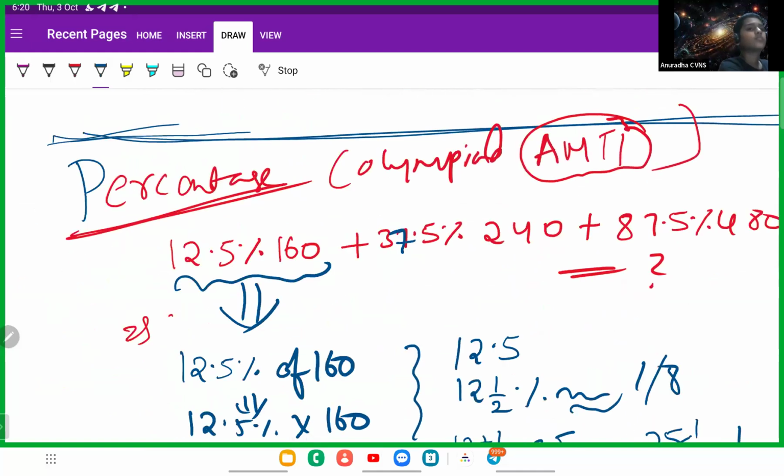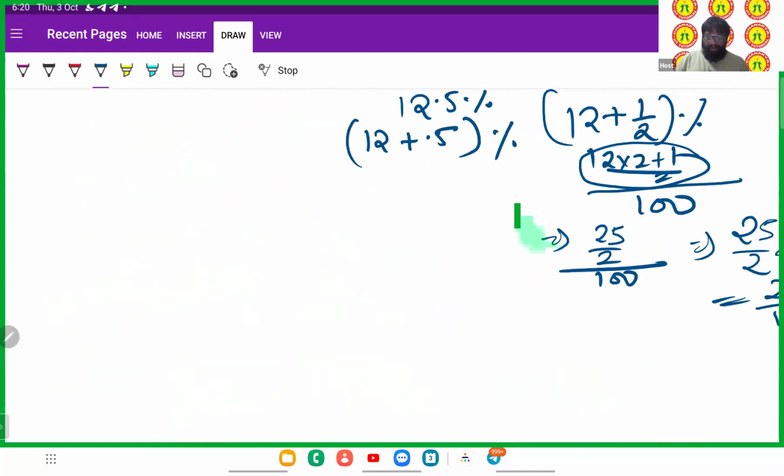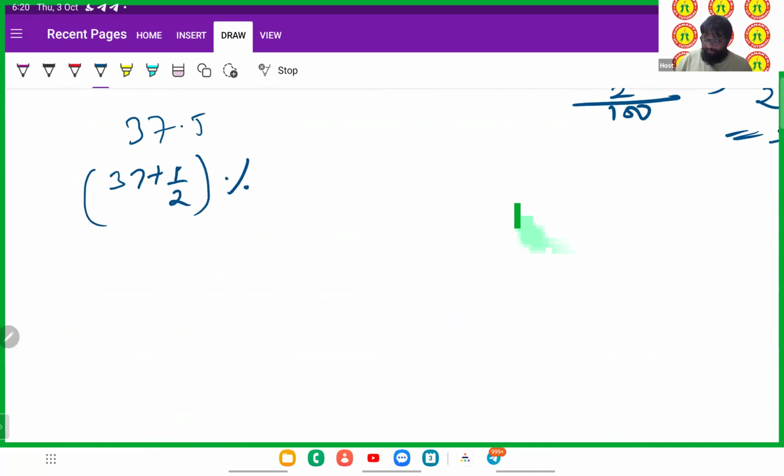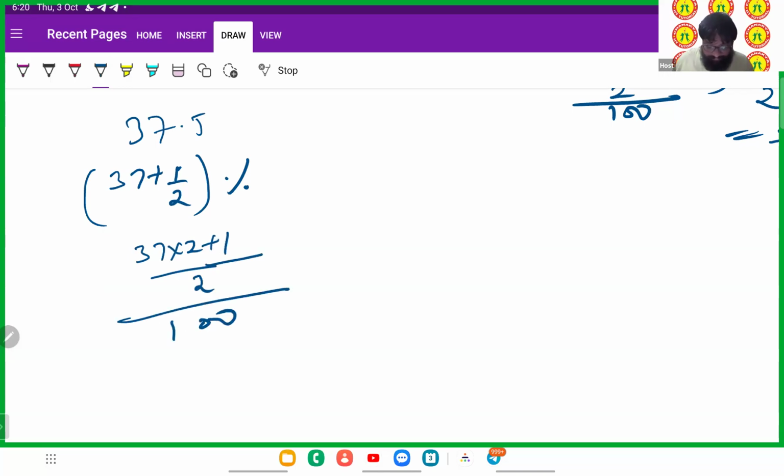Next, convert similarly 37.5%. Convert this also now in a similar way to how we did. So 37 plus 0.5, 1 by 2%. So that will be equal to 37 into 2 plus 1 by 2 by 100. Please check how much this comes to.